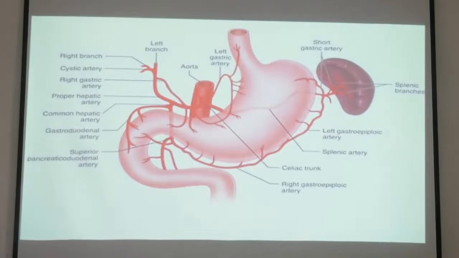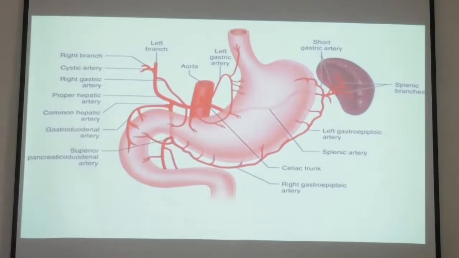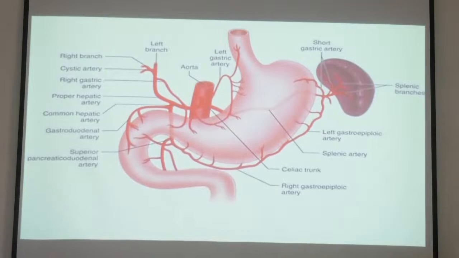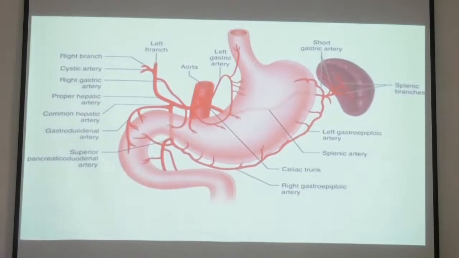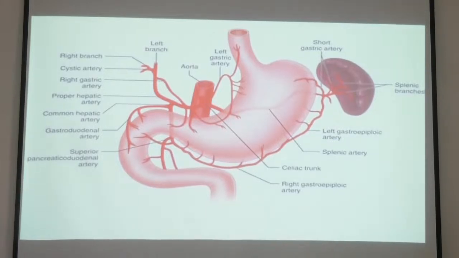This diagram you practice. Okay, celiac trunk, left gastric, right gastric, gastroduodenal, from the gastroduodenal, right gastroepiploic, left gastroepiploic, and here is the splenic artery, and on this side these are short gastric arteries. All these are supplying the stomach.